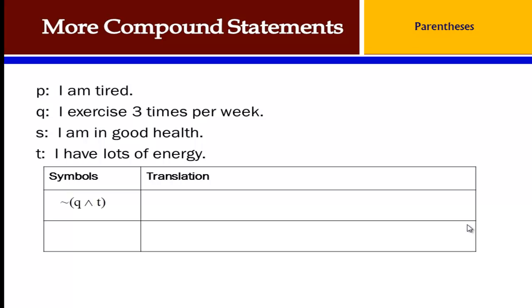Negation symbol, parentheses, Q and T. The verbal translation for this would be: It is not true that I exercise 3 times per week and I have lots of energy. It is not true, that's the negation symbol, that I exercise 3 times per week and I have lots of energy. That's the compound statement that you see in the parentheses.